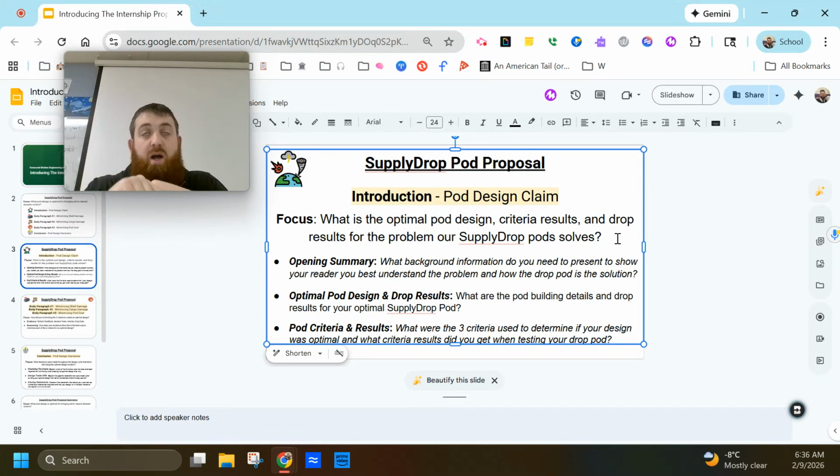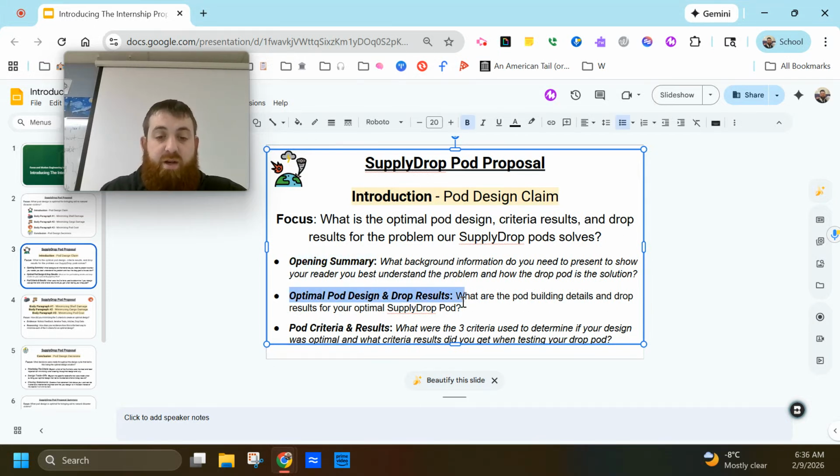What would be the costs, the cargo damage, and the pod damage if we were to use it? And then what would be the drop results, again, if we were to use it, so the mass, the velocity, and the impact force. To answer this big focus question, we're going to have 3 parts: the opening summary, the optimal pod design and drop results, and the pod criteria and results.